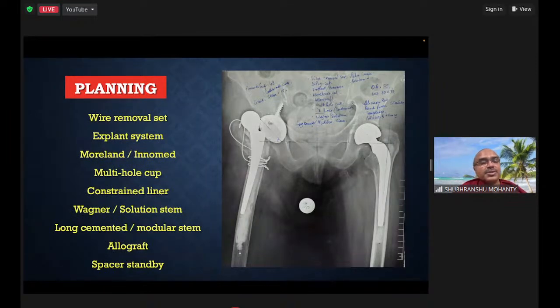Moreland and Innovate systems in case the femur requires revision. We kept a multi-hole cup, constant liner, Wagner Solution stem, long cemented and modular stems, allografts also, and special standby in case there is an infection.